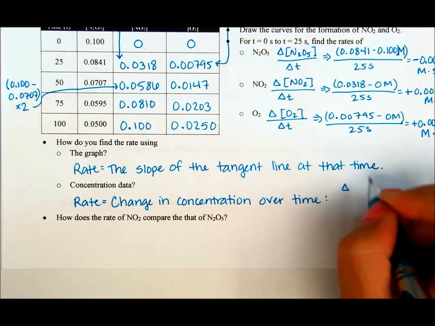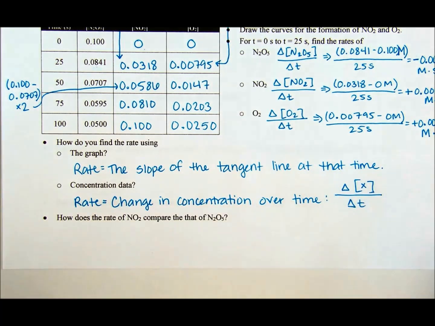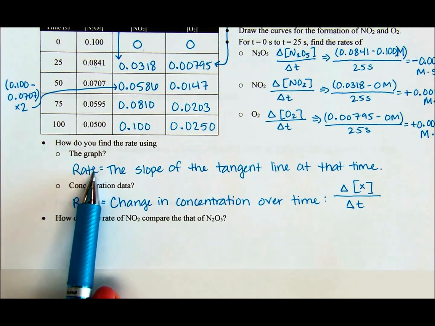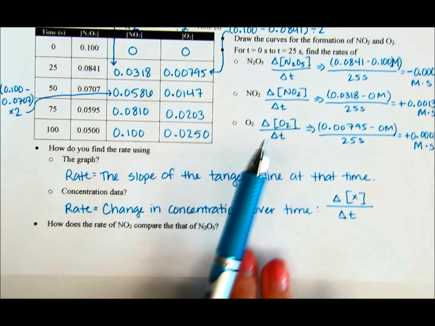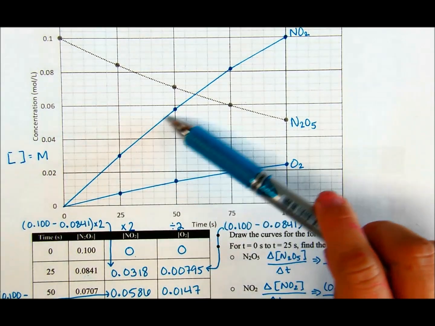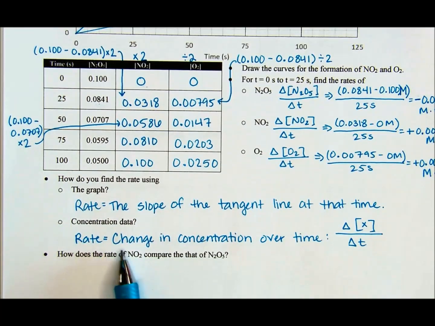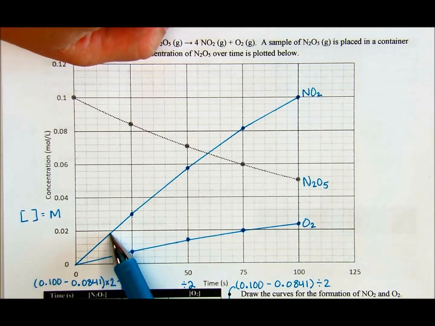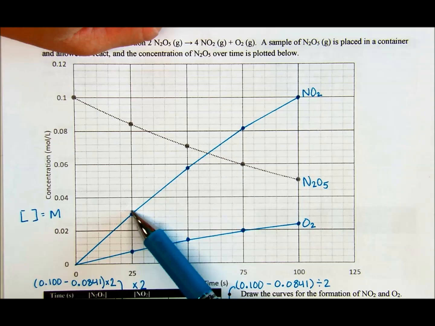And so that formula, change in the concentration of X, whatever X is, whatever substance that is, over the change in time. Now, using the tangent line, this is often called the instantaneous rate because you can see exactly what the rate is at any one given point here. And then using concentration data, that's more of an average rate because we're looking at the rate change not at any one instantaneous point here or here, but the rate change over this whole section of time.